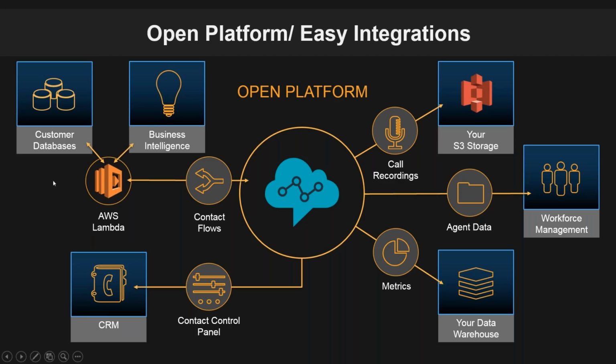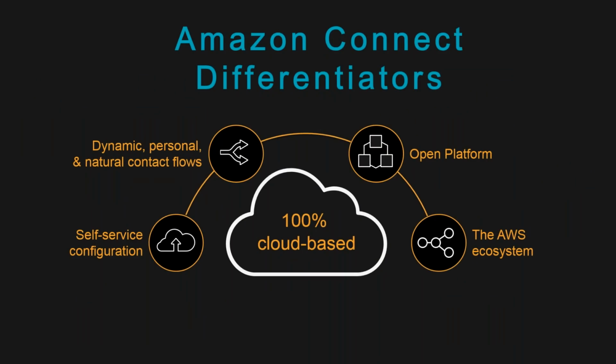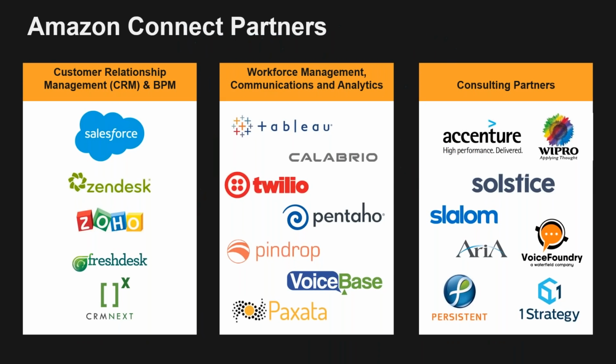Another differentiator is leveraging the AWS ecosystem. You get the benefit of all of AWS's partners. On the left, you'll see some market-leading CRM solutions. In the middle, workforce management and analytics, and on the right, consulting. Going back to the left, as I mentioned in the previous slide, oftentimes CRM is used in conjunction with contact centers.